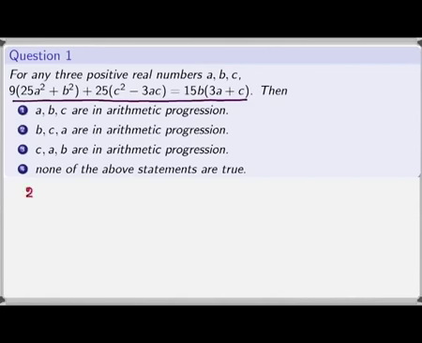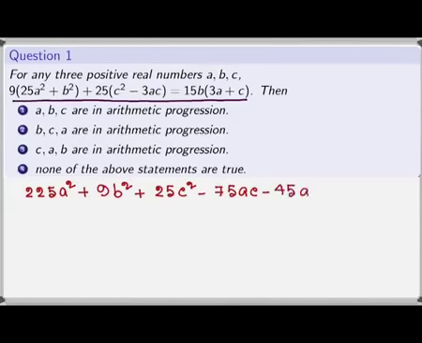We have 225a square plus 9b square plus 25c square minus 75ac minus 45ab minus 15bc is equal to 0.